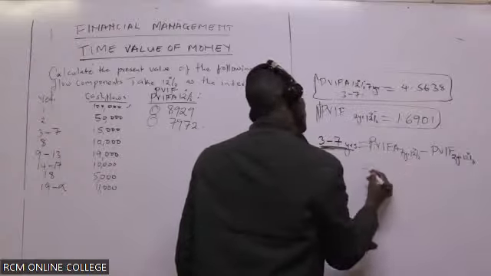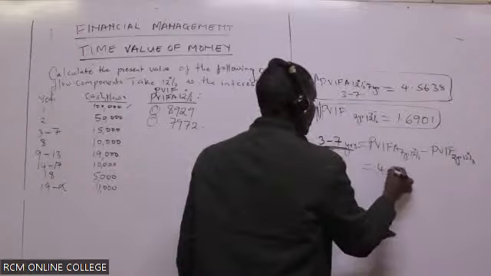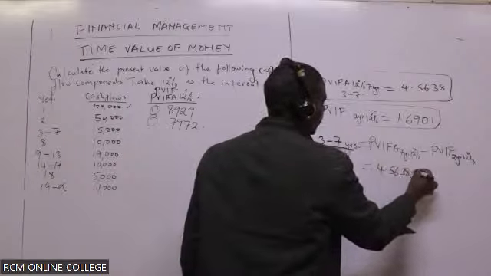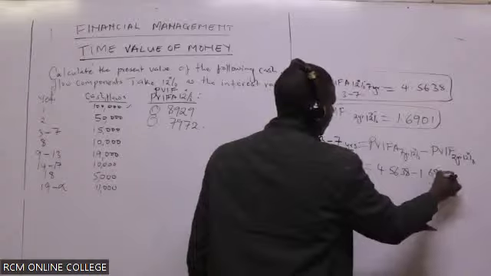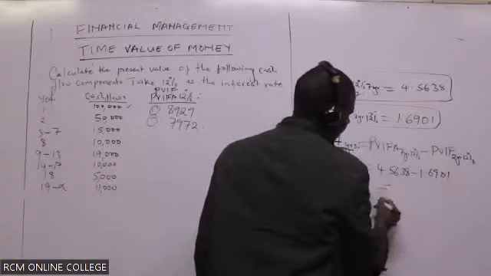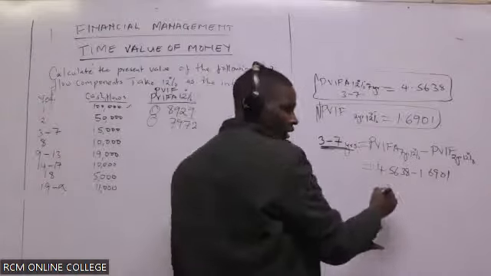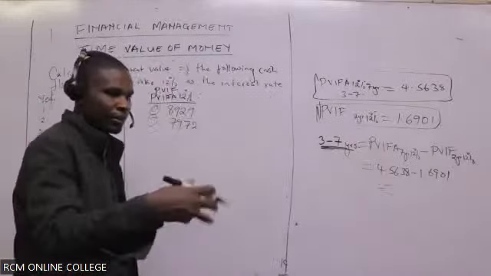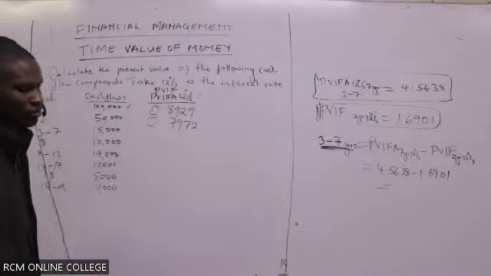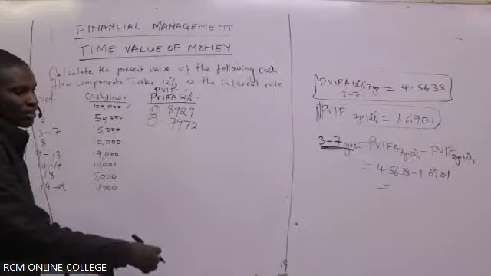Haya, nipatiwe hapa tuko na 4.5638 minus 1.6901. Nipatieni the actual 2.8730. Napenda kupata variety so that at least we are able to assist each other.